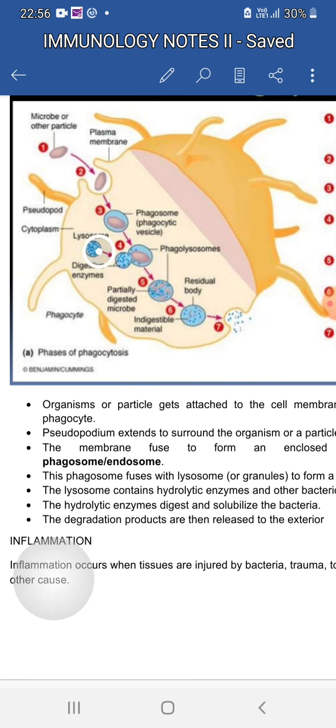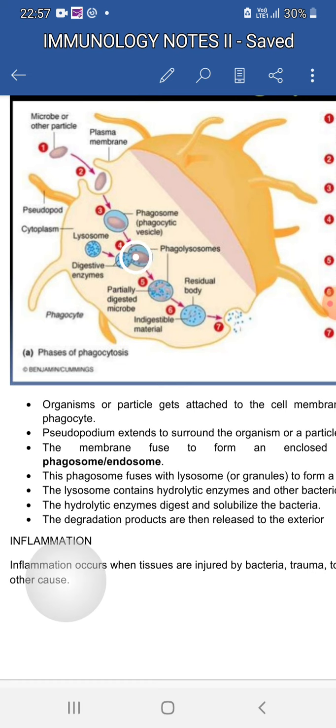So the lysosome will fuse with the phagosome. The membrane of the lysosome fuses with the membrane of the phagosome to form what we call the phagolysosome. At that time, the enzymes in the lysosome, or the biologically active substances, as we continue studying, digest or destroy the foreign material or bacteria.